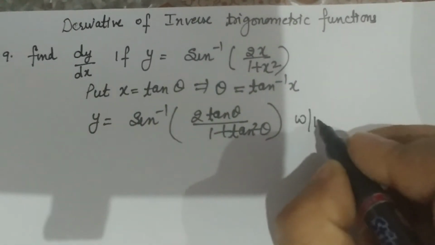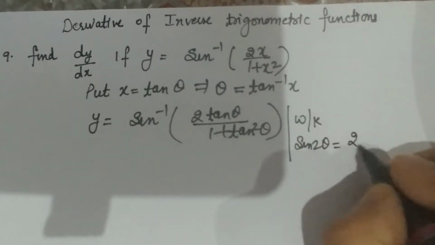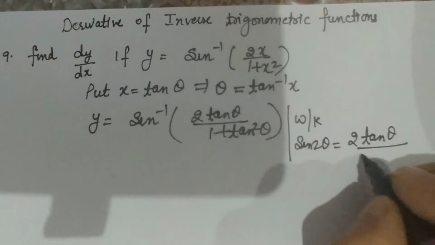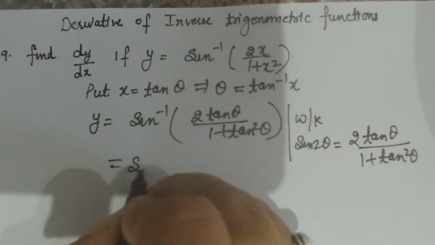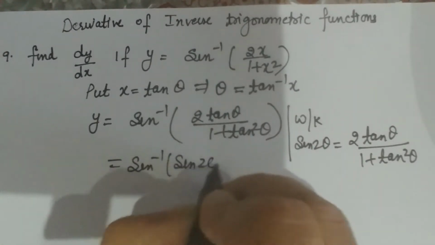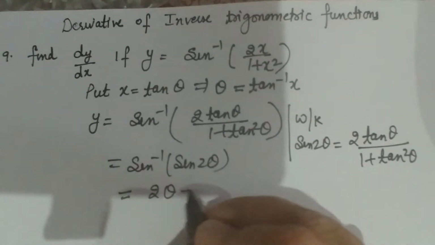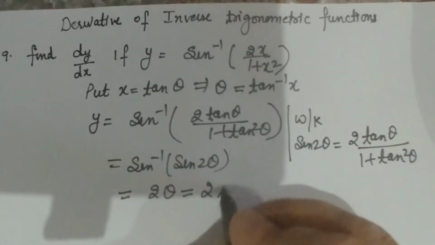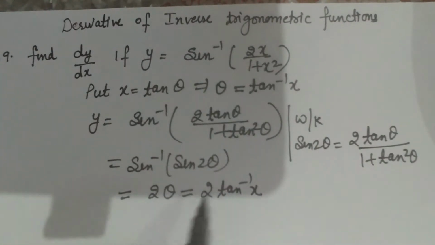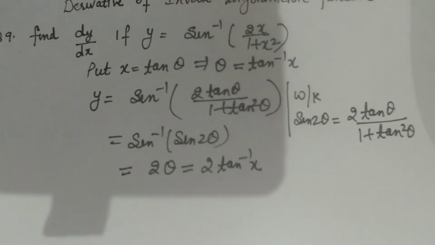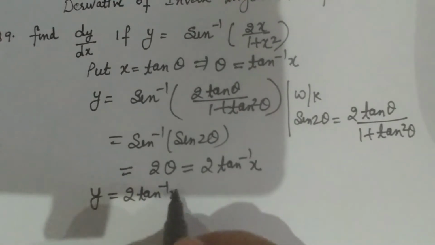So it becomes sine inverse sine 2 theta, and from here I will just get 2 theta. What is theta? Theta is tan inverse x. So I got a simple inverse trigonometric function which can be differentiated easily: y is equal to 2 tan inverse x.